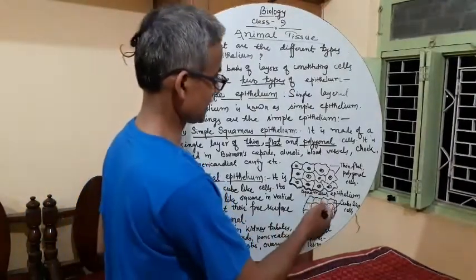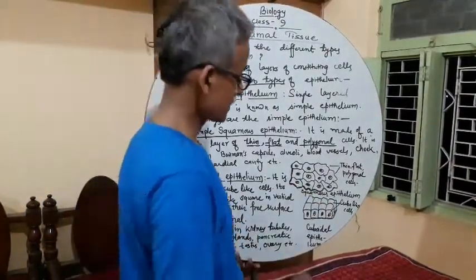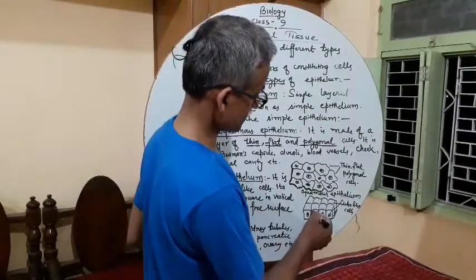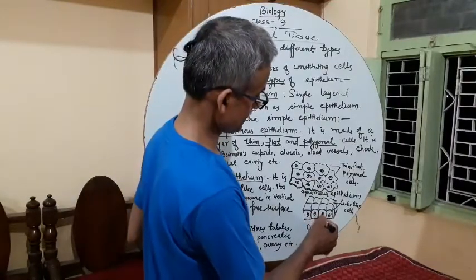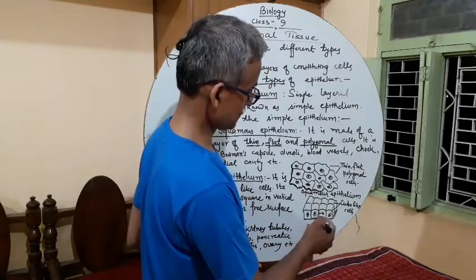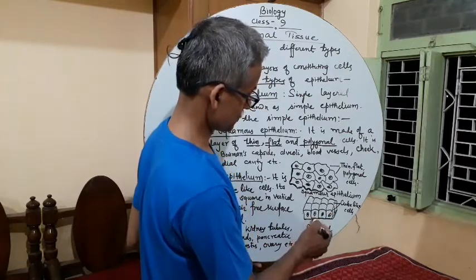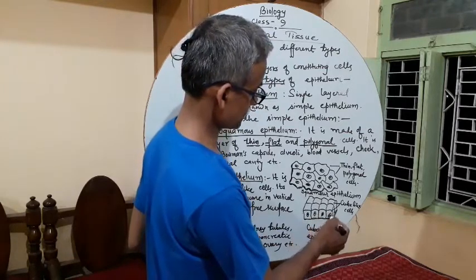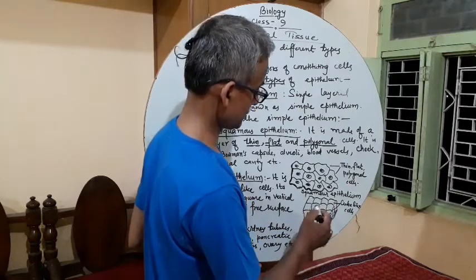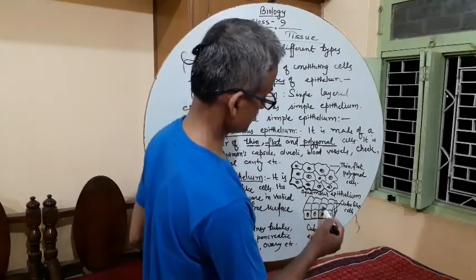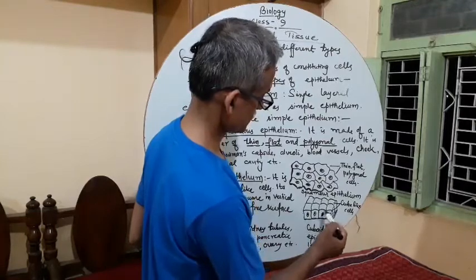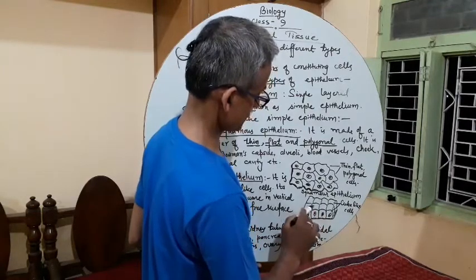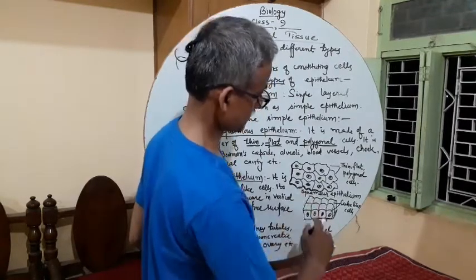Now look at this. This is vertical section, and this vertical section shows square structure. And look here, this is hexagonal. This surface is free surface and is hexagonal.